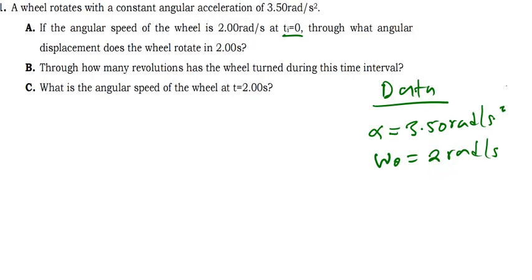So this tells me that this is the initial, because when t is equal to 0, I'm starting at that point. I don't know the final. Then they are saying after 2 seconds, what will be the theta?